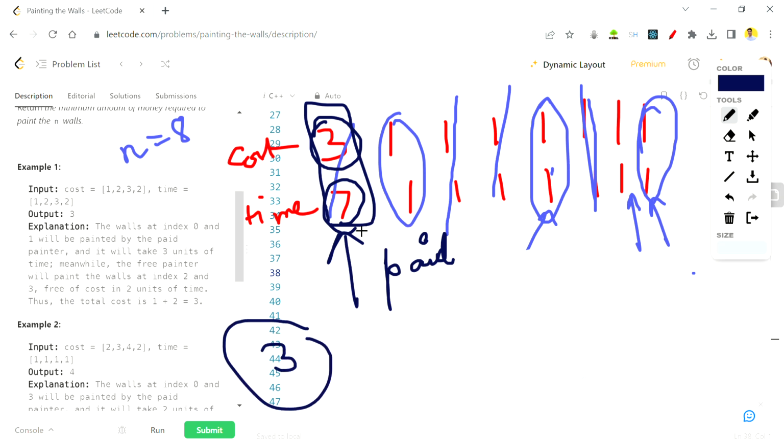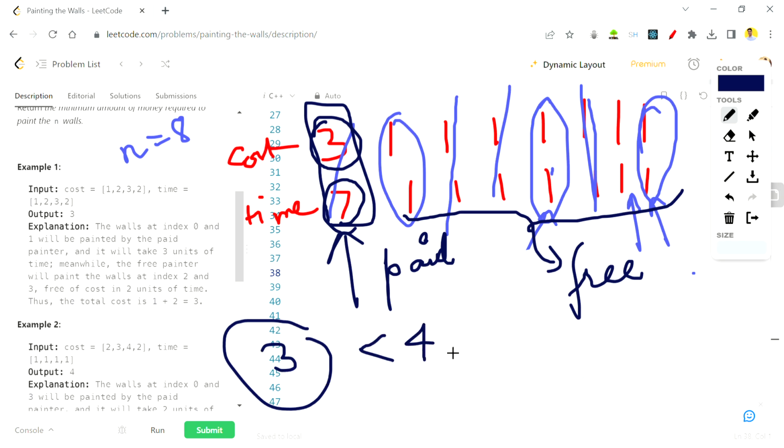But as you can see, the 7 walls which are left can be taken up by the free painter, and these walls can be painted free of cost. So in that case my cost becomes 3, which is less than 4. That is why greedy fails here.